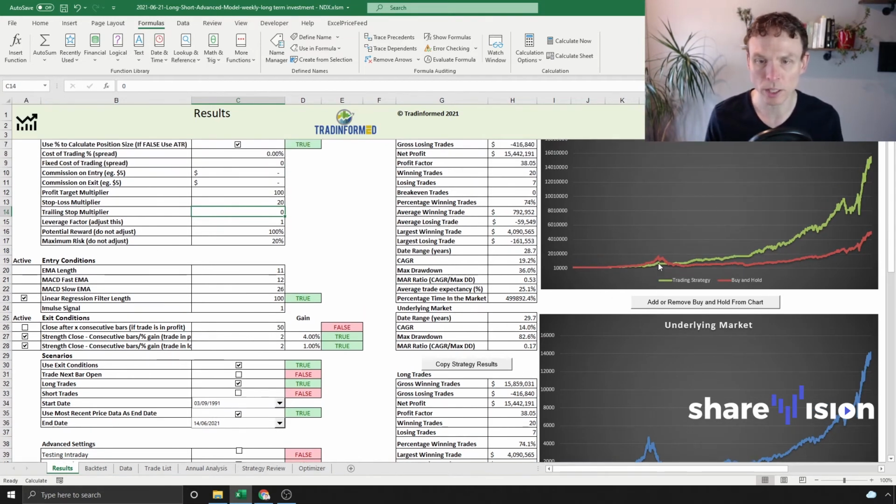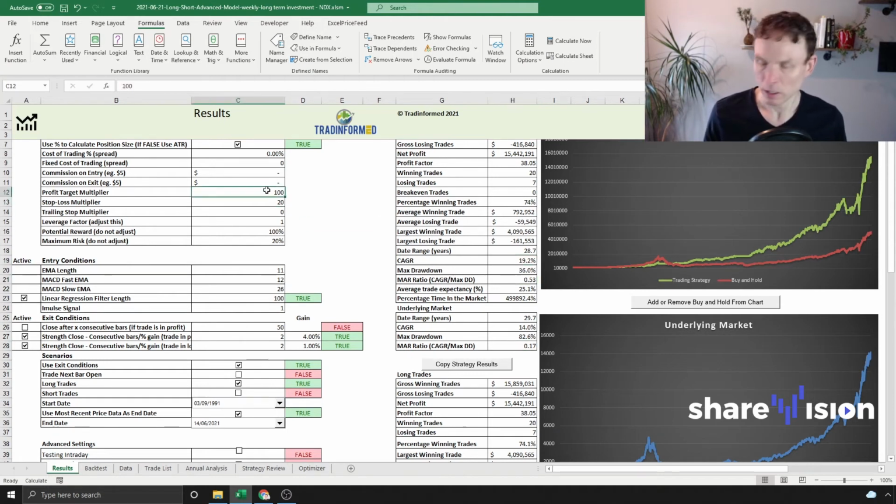Now, the trading strategy we have here, even though it's just a small bump here, shows that it underperformed during the dot-com bubble, but it has overperformed for most of the time period since then. So we can see that consequently it has a higher MAR ratio here, 0.53, compared to 0.17.